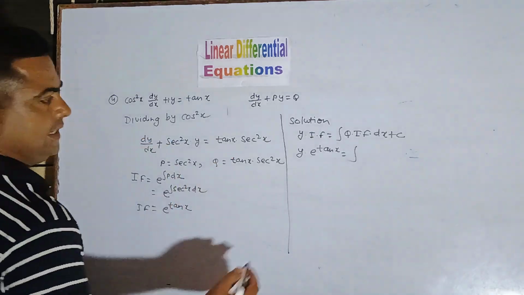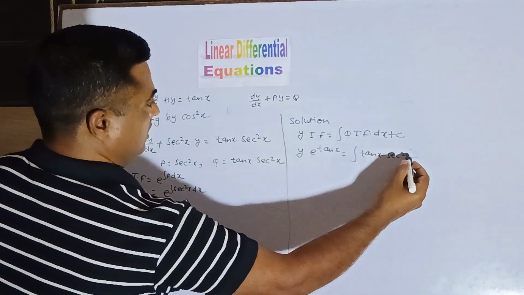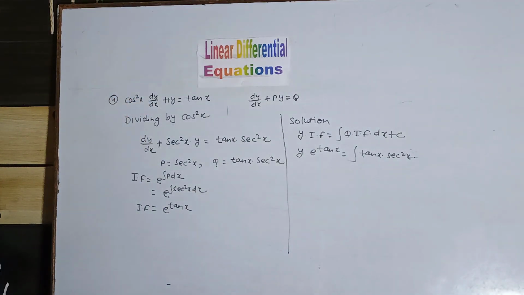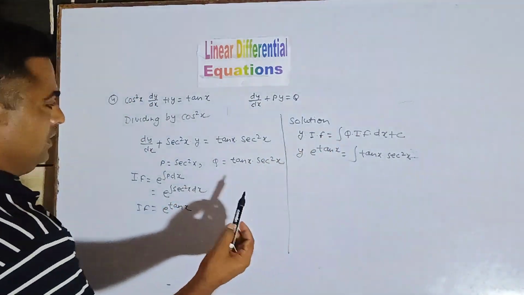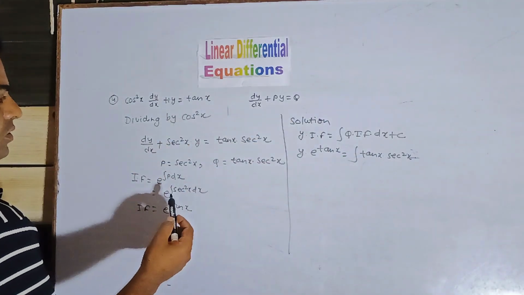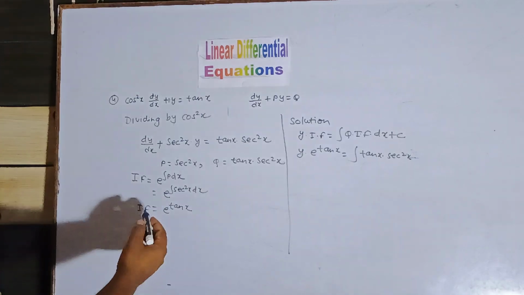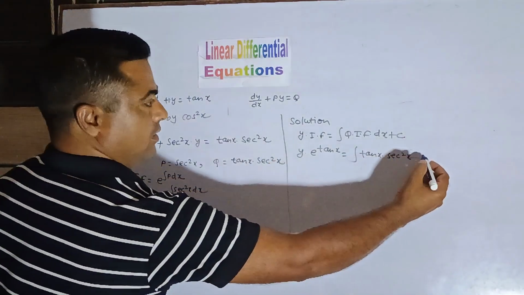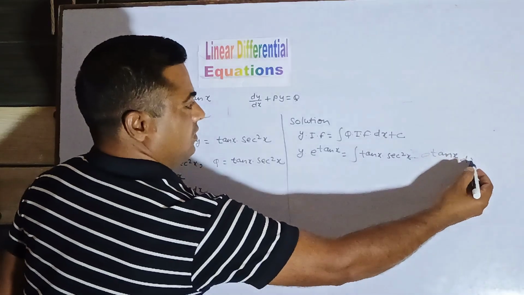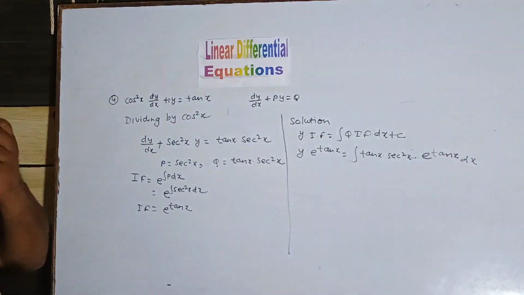What is q here? tan x into sec square x, and the value of IF, which is e to the power tan x, into dx. Correct.